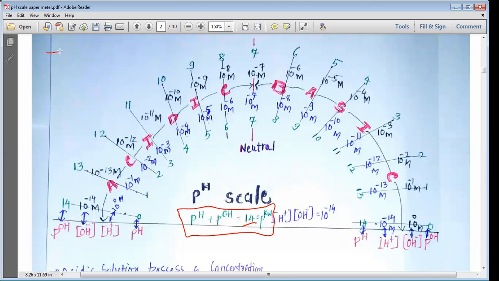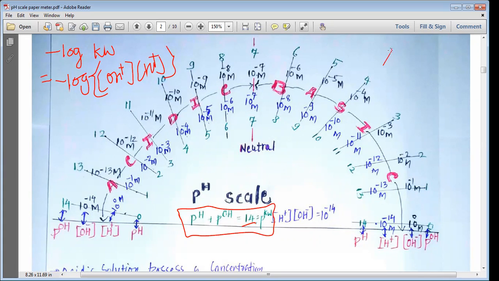Or, my dear students, we can even write it in this way. Suppose you have minus log of Kw, which is minus log of concentration of OH minus into concentration of H plus. This is what we write for Kw.